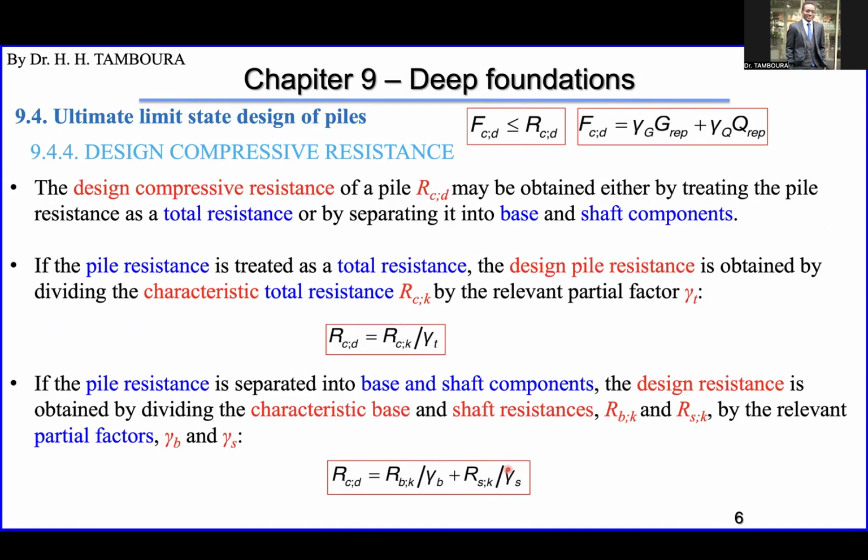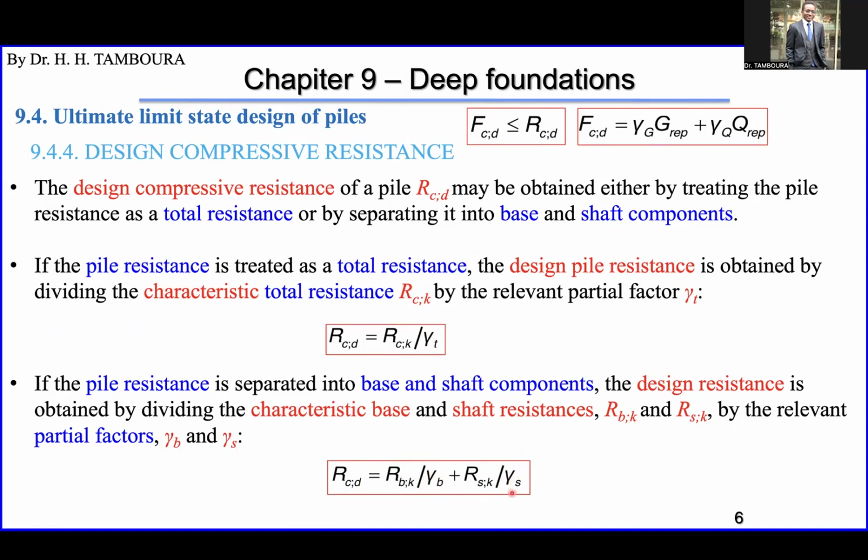In the previous lesson, we did talk about how to obtain these characteristic resistances. I have to repeat it again. Technically, this is what you have to do to obtain the design value of pile resistance. So now the question is, what are the values of these partial factors?